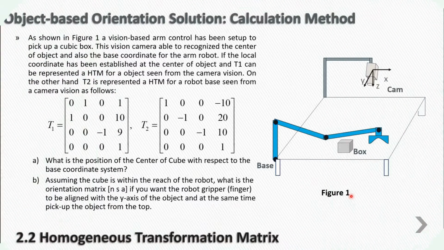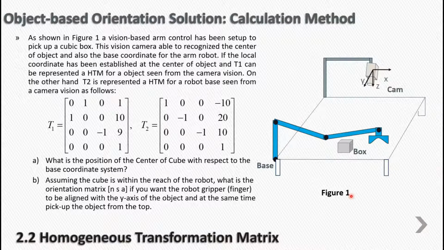Okay, for the calculation method, we go straight to the problem and the situation here. Let's say we have this platform, which is the camera, given with these orientation axes, and we have an arm here with a base, and the box, the targeted object that we want this arm to pick.